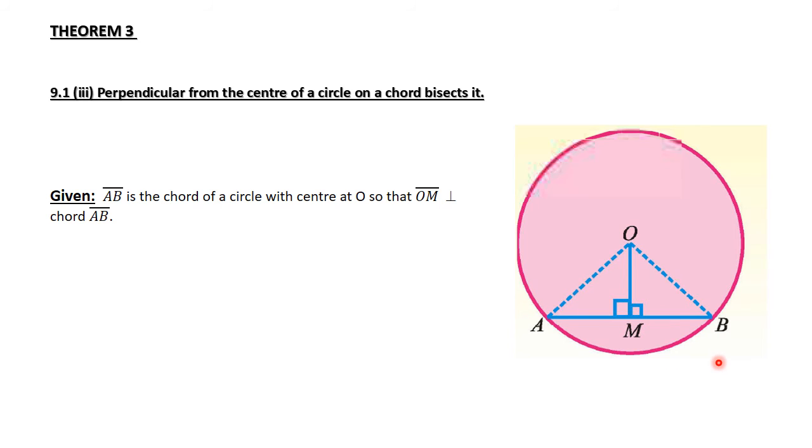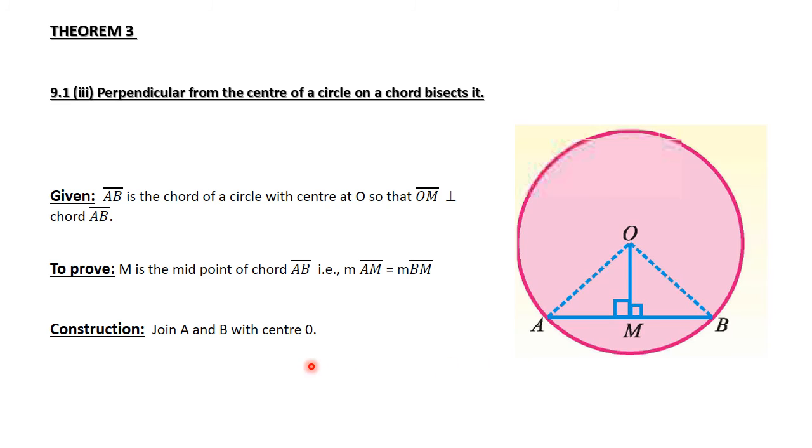Now we are going to prove that OM is bisecting the chord AB. To prove M is the midpoint of chord AB, that is, measure AM is equal to measure BM. Because M is the midpoint of AB, so measure AM is congruent to measure BM.